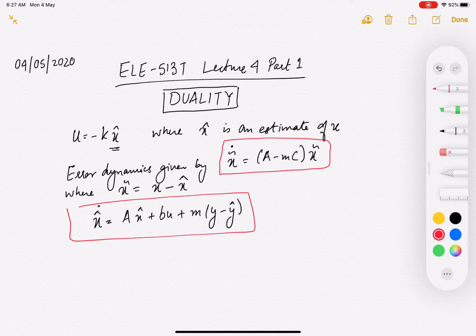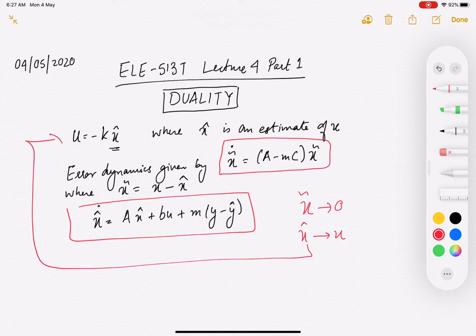And when the error x tilde tends to zero very fast, that means your x cap will tend to x very fast, and because of this your control law u is equal to minus K x cap would be a good equivalent of the actual control law which you wanted to implement, which was u is equal to minus K x.